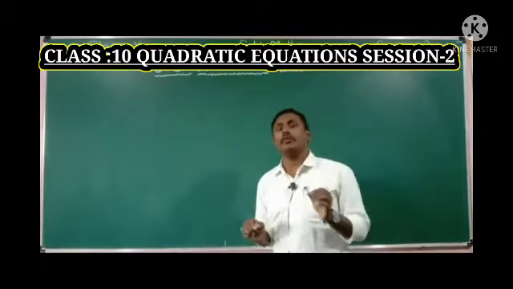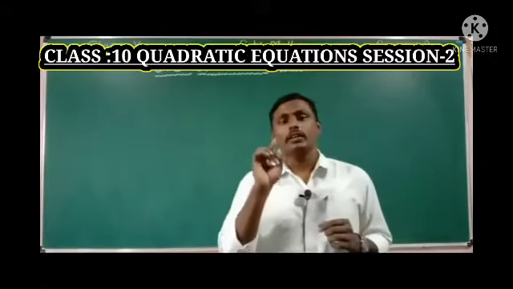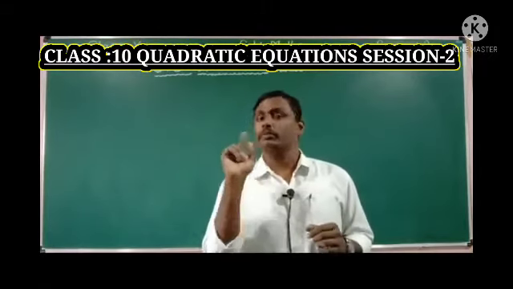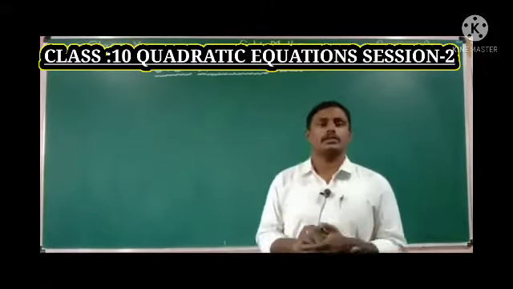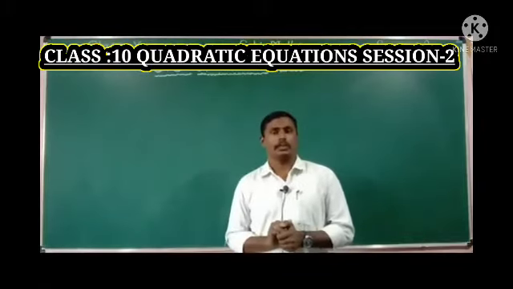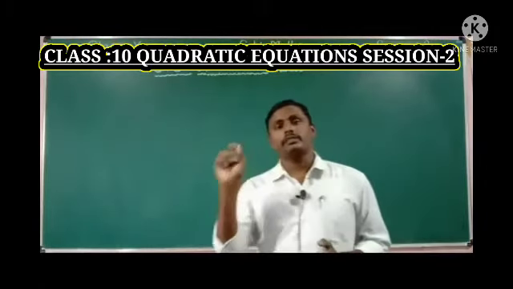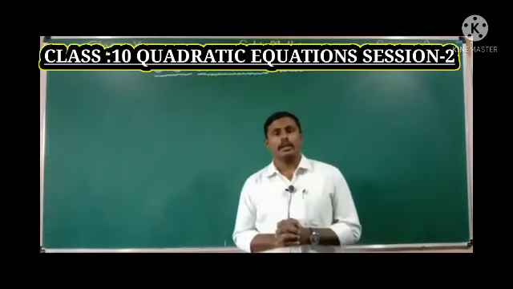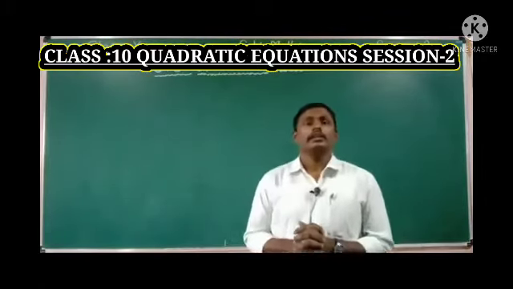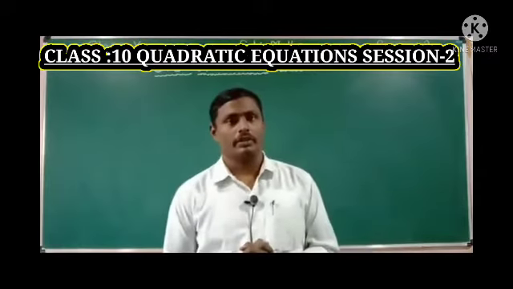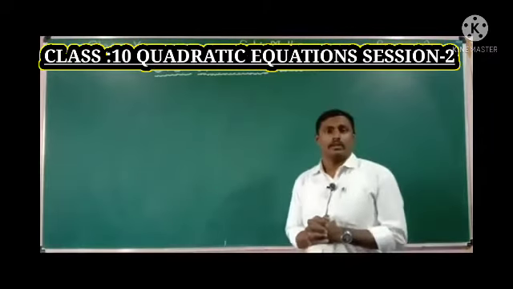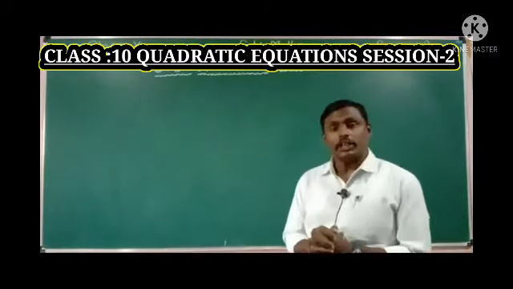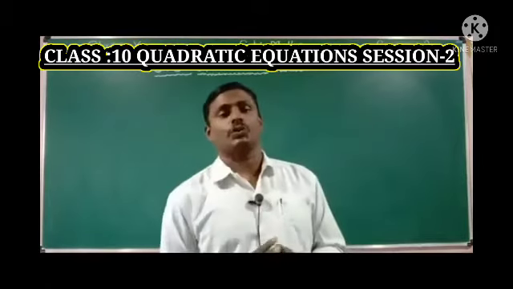equation. The standard form of the quadratic equation is ax square plus bx plus c is equal to 0. Right? Here a, b, c are any real numbers, and x is a variable. And each and every quadratic equation has two solutions.